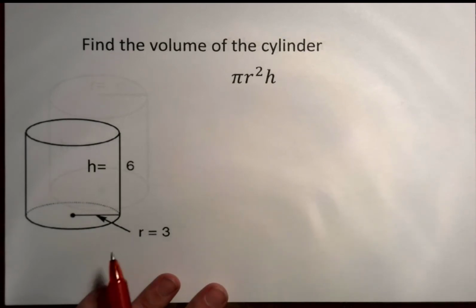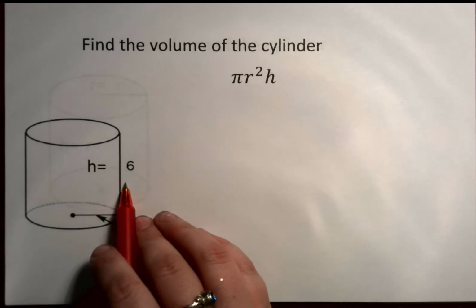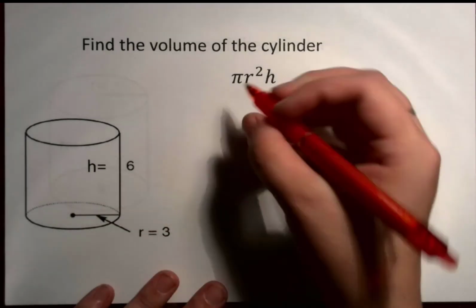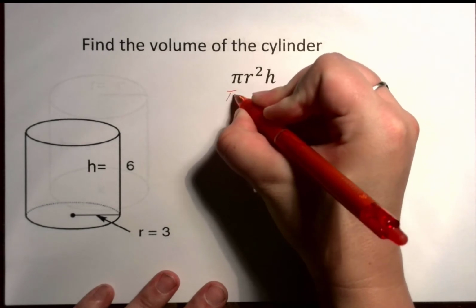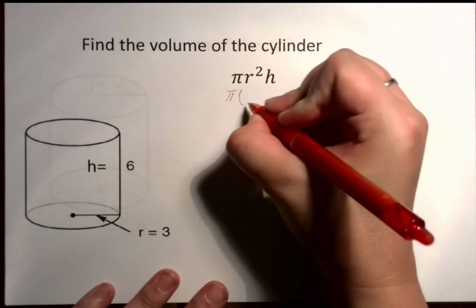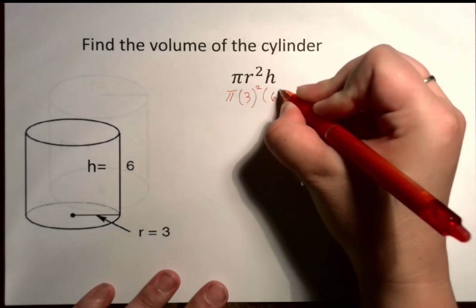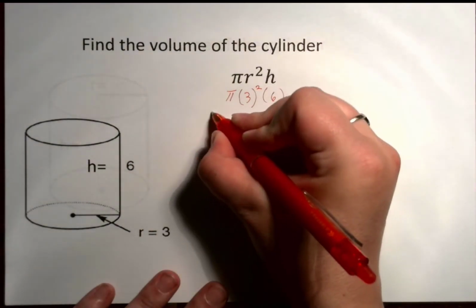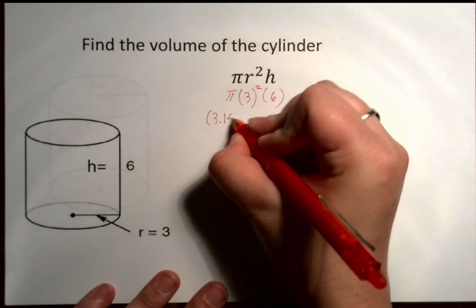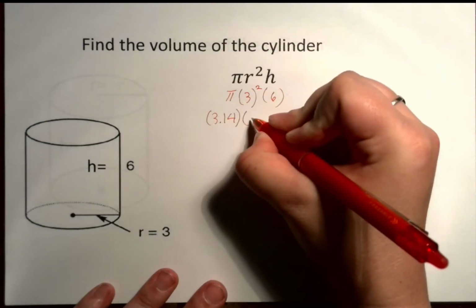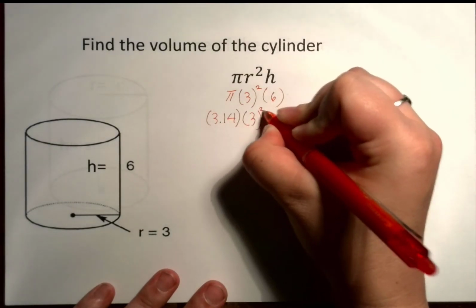Okay. So again, guys, this is just like when we were given an expression and given information to plug in. Okay, in this case, my height is 6, my radius is 3. Okay, we are going to use 3.14 again for pi.